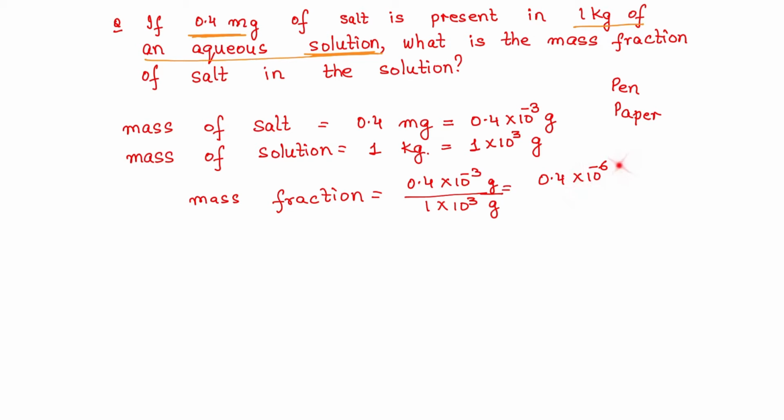As a scientist, or when we are trying to find out the contaminant in, let's say, a river contaminated by some chemical, what is the level of contamination? Now if I have to say 0.4 into 10 to the power minus 6 is the contamination level, it becomes very tedious, right? So instead of saying it like this, we compare it to a value of 10 to the power 6.